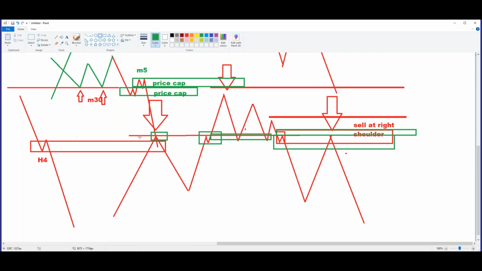So this place is very important. This is where we want to do the trade. Do you understand or not?